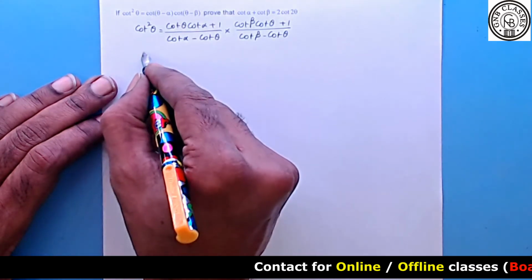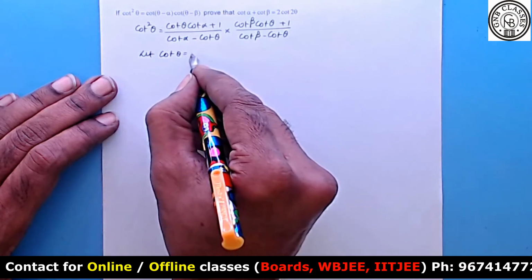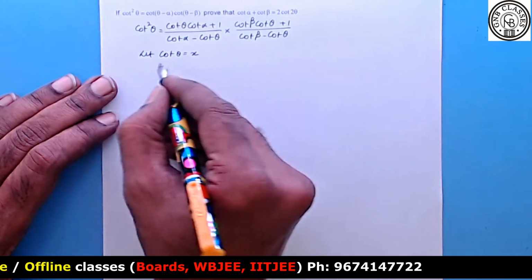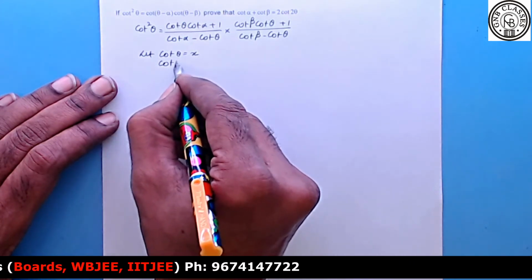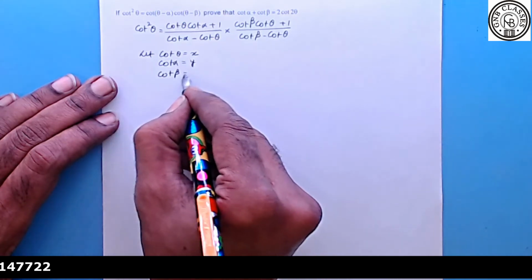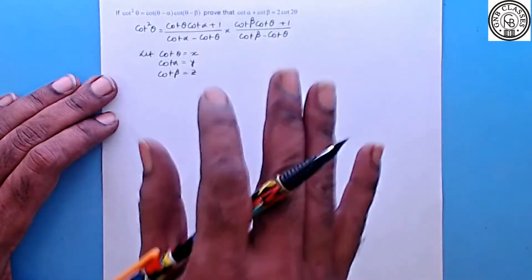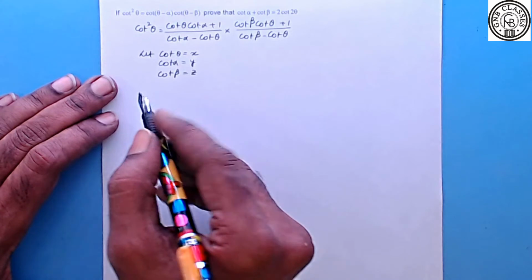Now let us say, let cot theta is x, cot alpha is y, and cot beta is z. Let us say. So our calculation will be little more simpler.